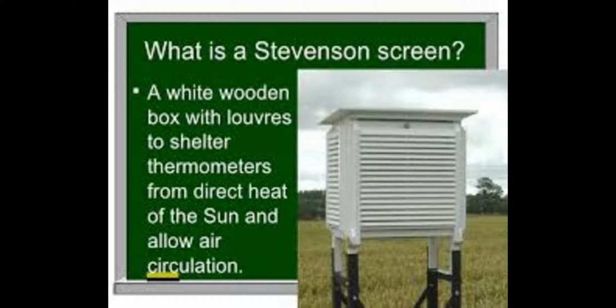Stevenson screen. It's a white wooden box. Okay. It is a shelter for the thermometer to protect from the direct sunlight or from the heat of the sun. And it allows air to circulate inside this box.